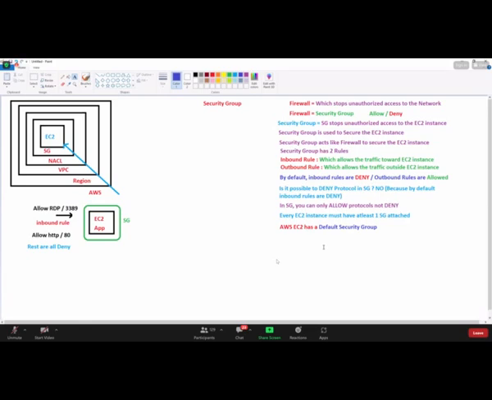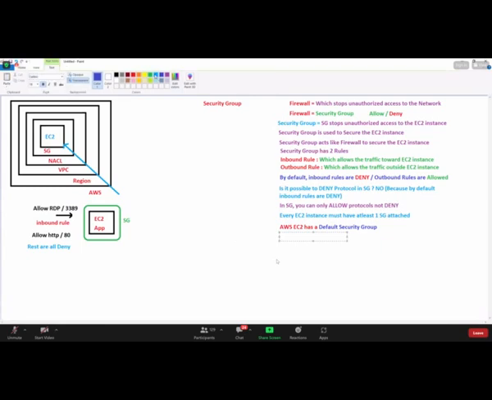Security groups are like checkboxes. However you want to use, you can use it. So I'll write that. You can create multiple security groups and you can attach multiple security groups to a single EC2 instance.